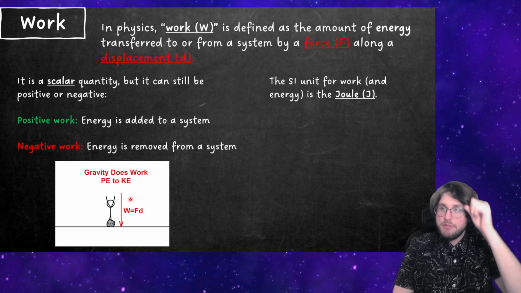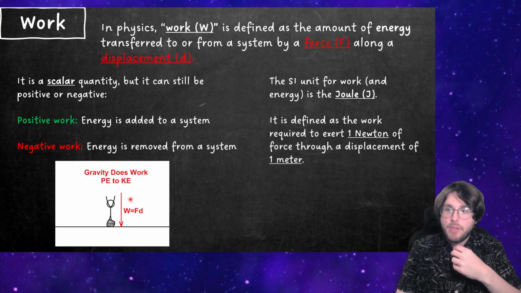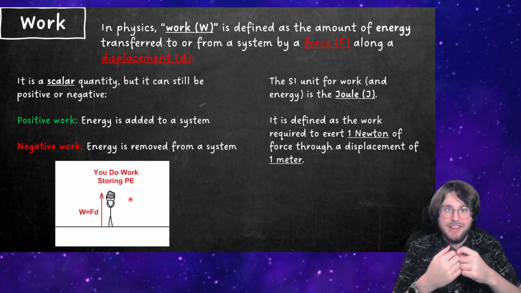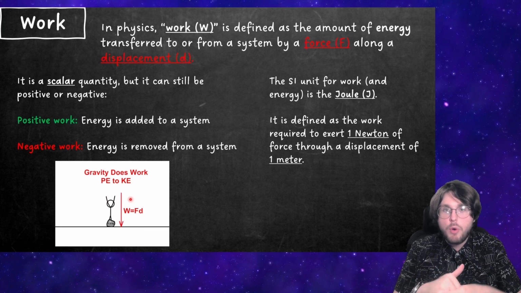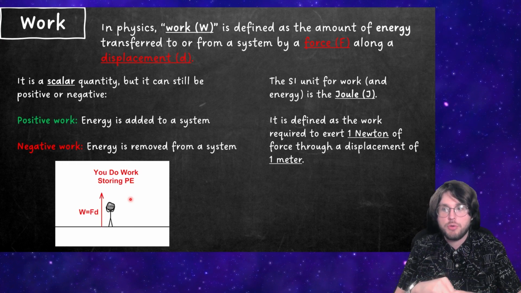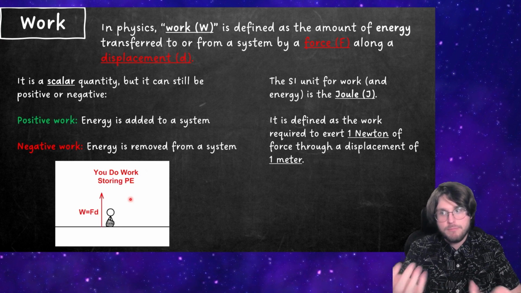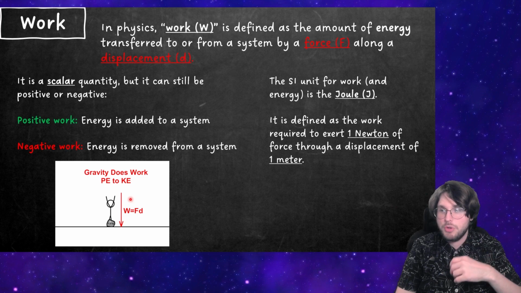And the SI unit for work and energy for that matter is the joule, capital J. It was officially defined by James Prescott Joule in the 19th century as the work required to exert 1 Newton of force through a displacement of 1 meter. So if you took some 1 Newton object, lifted it 1 meter, you have done 1 joule of work.